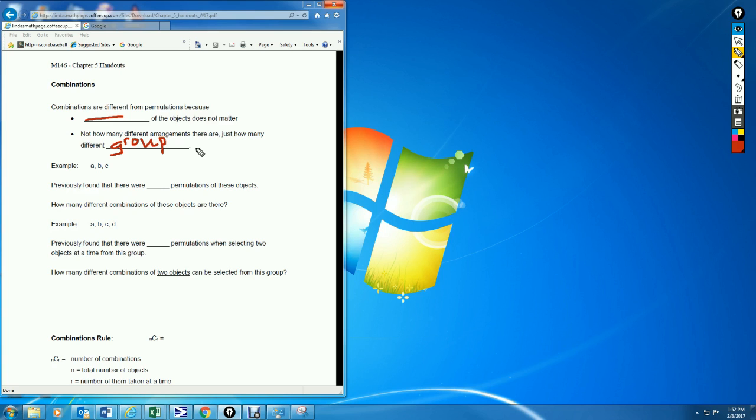So for example, we looked at the letters A, B, C, and we looked at how many different ways we could order them. And we found that there were 6 different permutations of those 3 letters. How many different combinations of those objects are there?